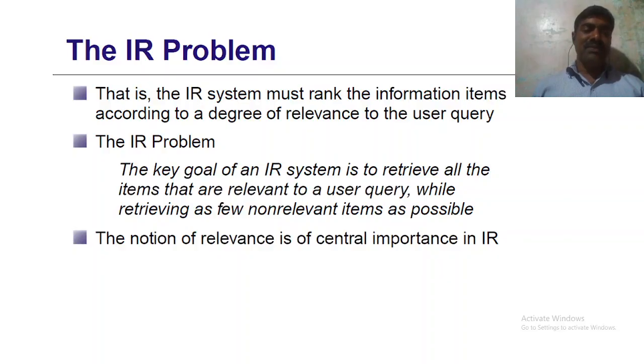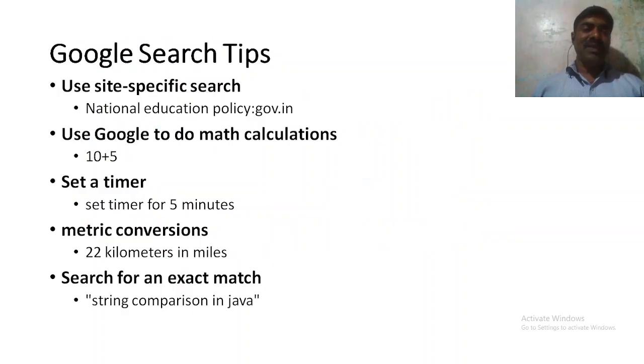The key goal of an IR system is to retrieve all the items that are relevant to a user query while retrieving as few non-relevant items as possible. The notion of relevance is of central importance in IR.